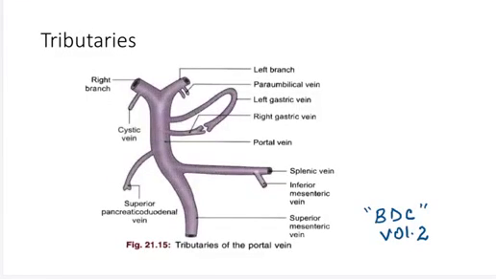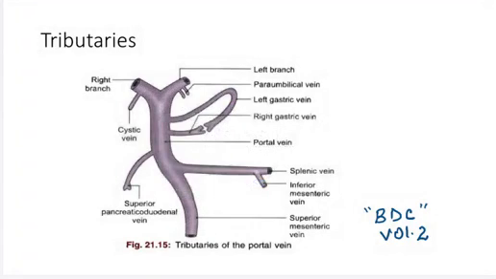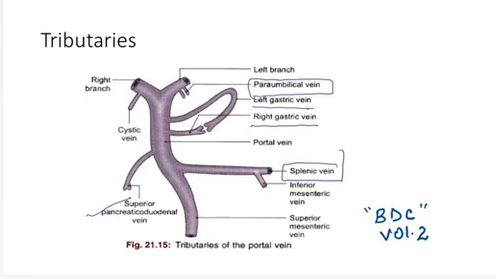Now let us talk about the tributaries of the portal vein. As you can see in this diagram, there is a left gastric vein, a right gastric vein, the superior pancreaticoduodenal vein, paraumbilical veins, the splenic vein, and the cystic vein.